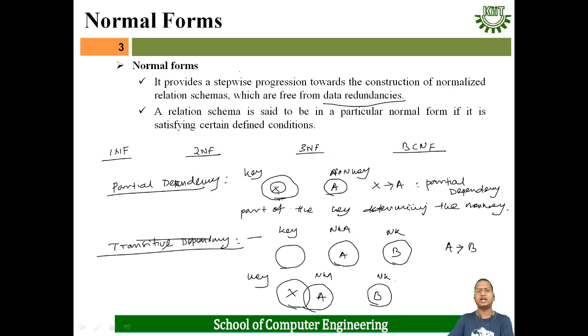That means a non-key attribute determining another non-key attribute is known as a transitive dependency. Similarly, part of the non-key attribute determining a non-key attribute is also a transitive dependency. These are the two concepts we will use in this case.